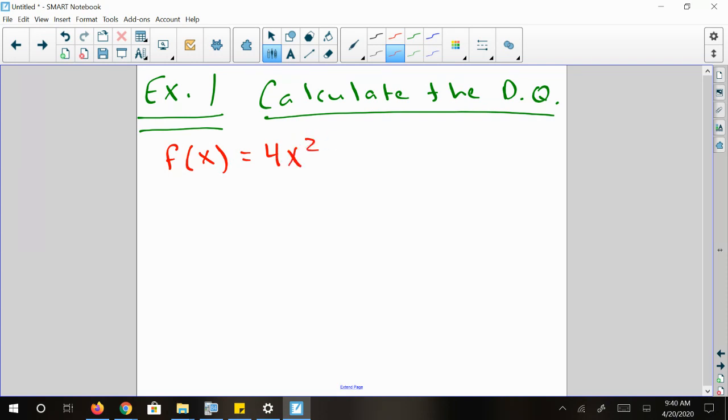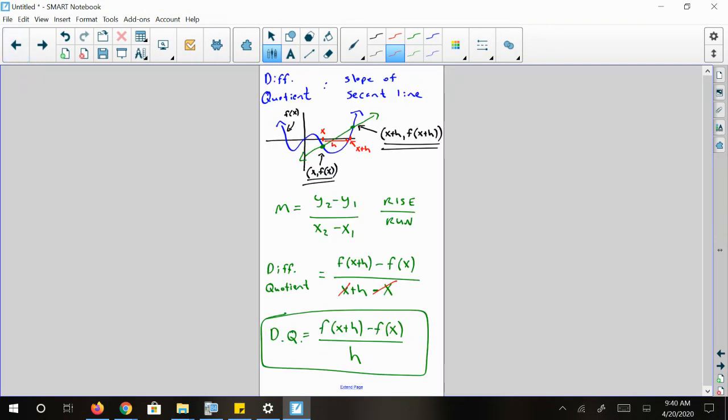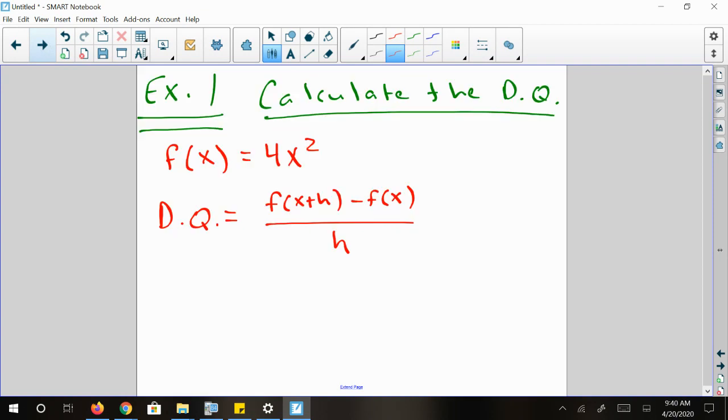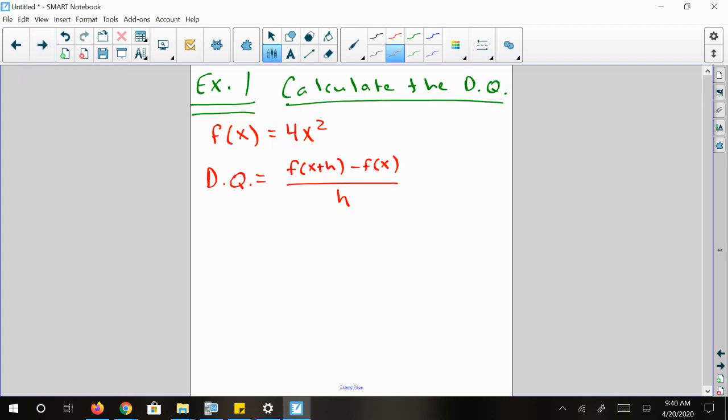Okay, so let's go ahead and write down the difference quotient again. Difference quotient is f of x plus h minus f of x, all divided by h. I'm just getting that straight from what we just found on the last slide. But now I need to actually start using this in relation to the function that we have. If you recall from Algebra 2 and a little bit of Precalculus earlier this year, if you're going to do something like f of x plus h, this is called function composition.